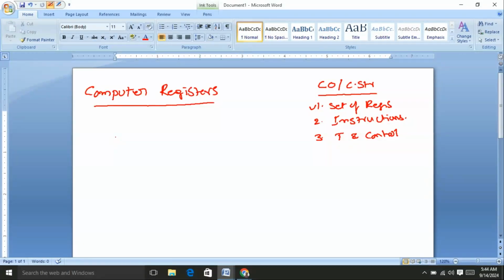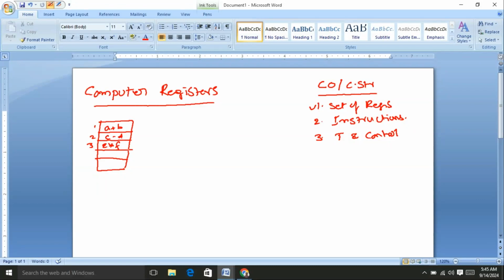We know that generally the instructions are stored in memory in consecutive memory locations. That is, suppose the first instruction a plus b is in the first location, the second instruction c minus d in the second location, the third instruction e into f in the third location, like that.